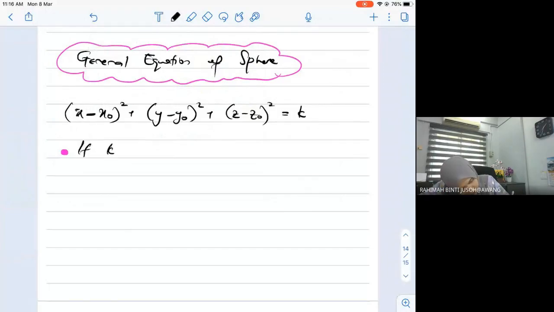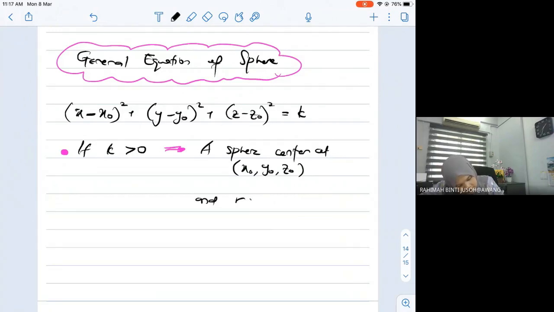If k greater than 0, it means that we will have a sphere center at coordinate x0, y0 dengan z0, jadi dia punya center lah. Okay, and radius r equals to square root of k.